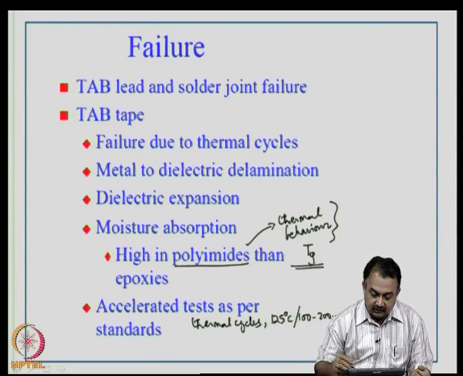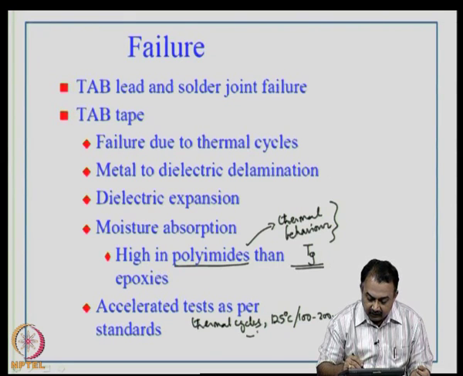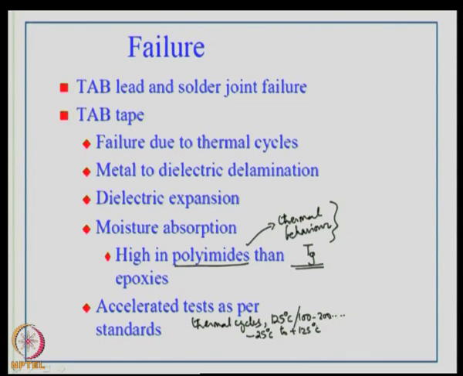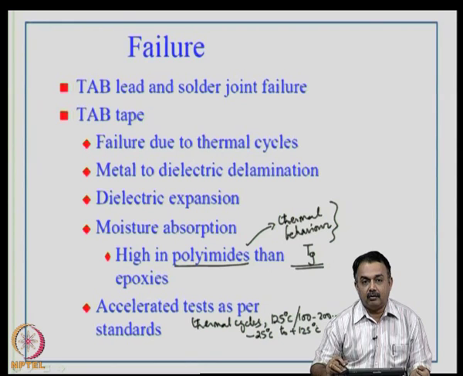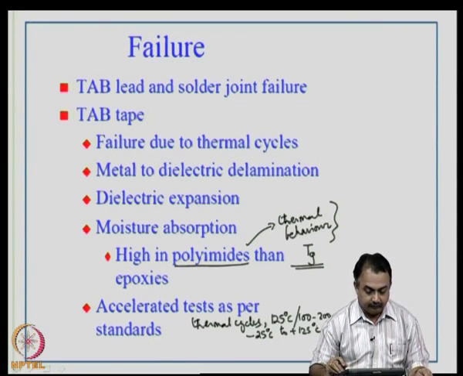And in some cases, we also use thermal cycling from negative temperatures, typically around minus 25 degrees centigrade to plus 125 degrees centigrade for various cycles, number of hours, to qualify the TAB connection.